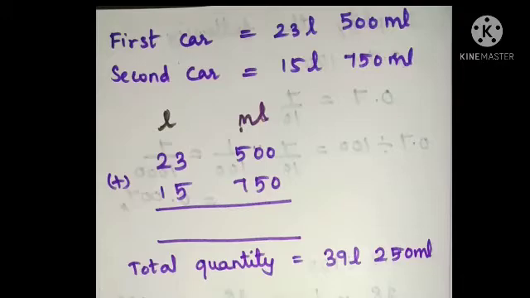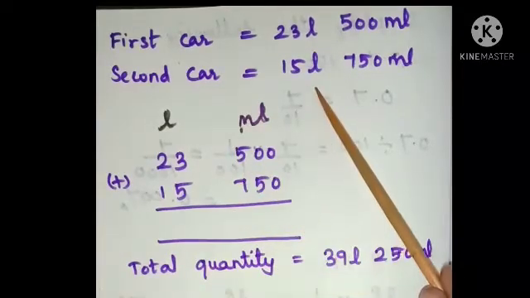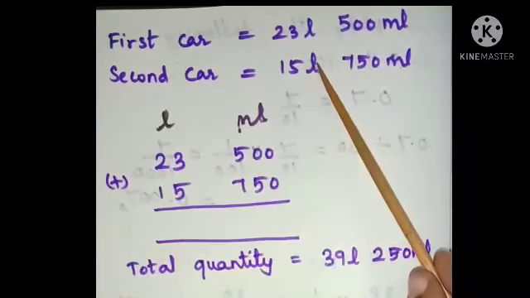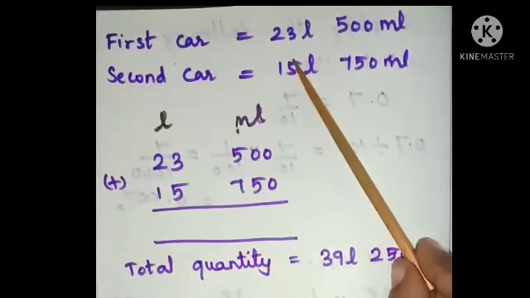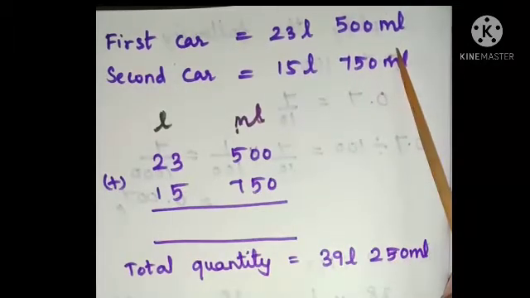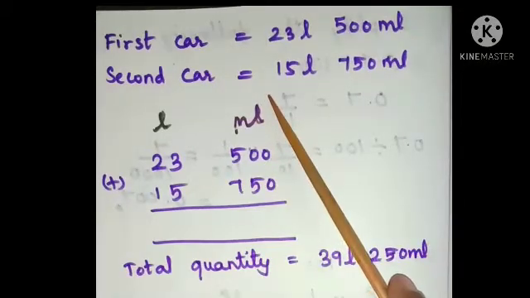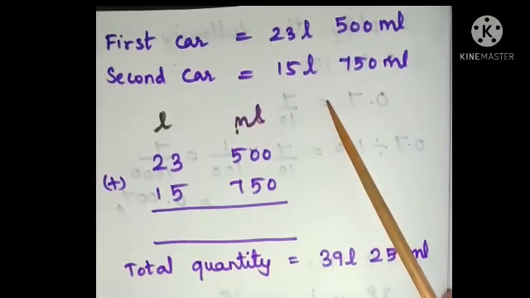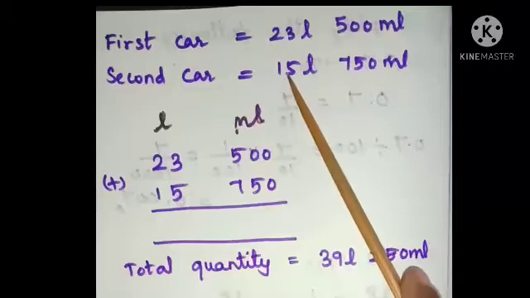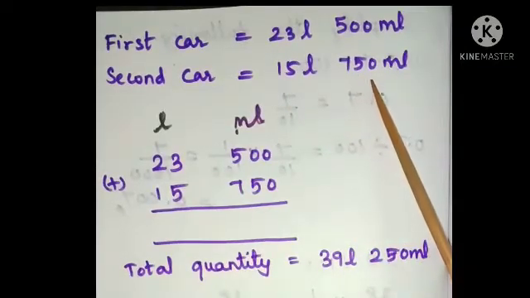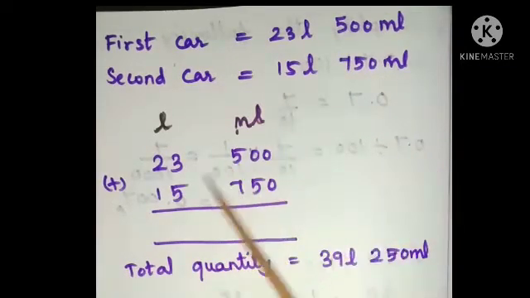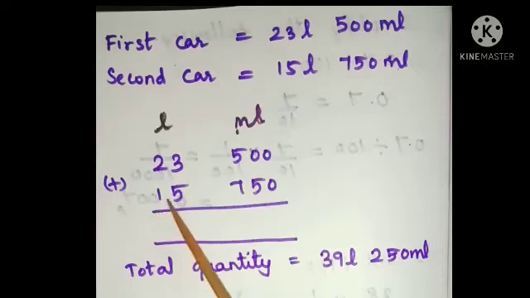Ramu filled the petrol in his 2 cars. The first one hold the capacity of 23 liters 500 milliliters and the second car hold the capacity of petrol is 15 liters and 750 milliliters. Find the total quantity of petrol.